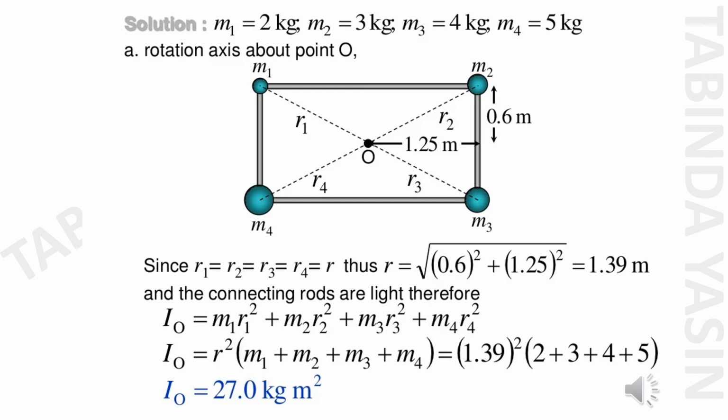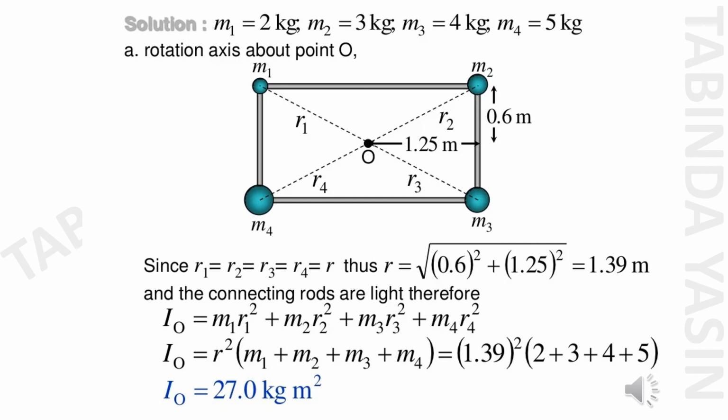Now R1, R2, R3 and R4 are all equal to R. So the magnitude of R is equal to the square root of 0.6 squared plus 1.25 squared, which is 1.39 meter. The connecting rods are light, therefore I naught is equal to m1 r1 squared plus m2 r2 squared plus m3 r3 squared plus m4 r4 squared.